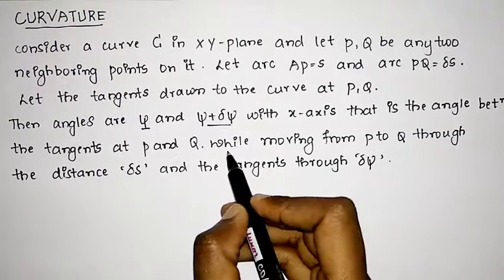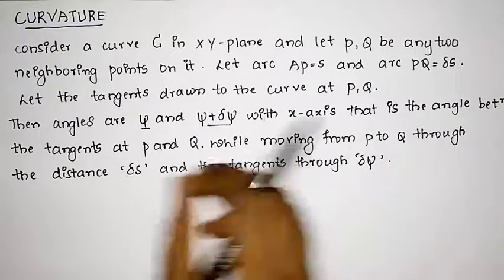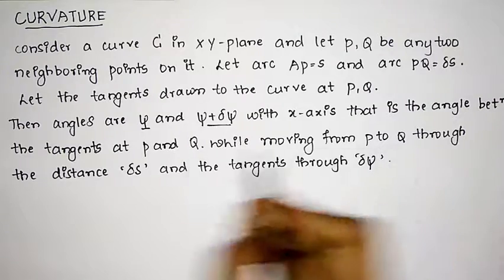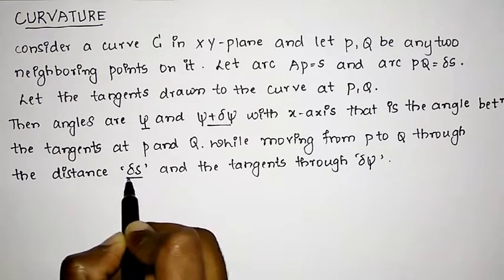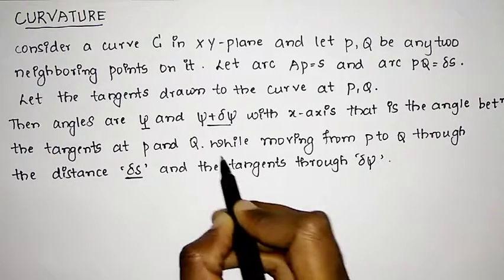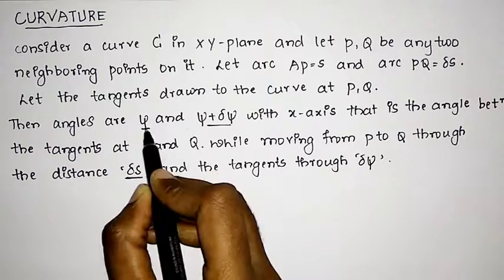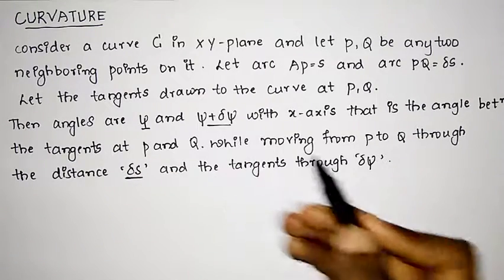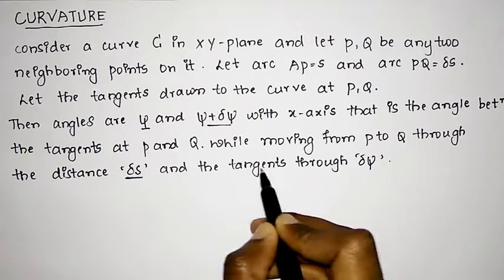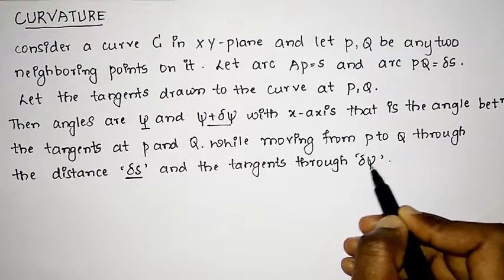That is, while we are moving from the two points P and Q, the distance is taken as delta S. Similarly, the angle made at P and Q is phi and phi plus delta phi. So the small change in the angle is taken as delta phi.